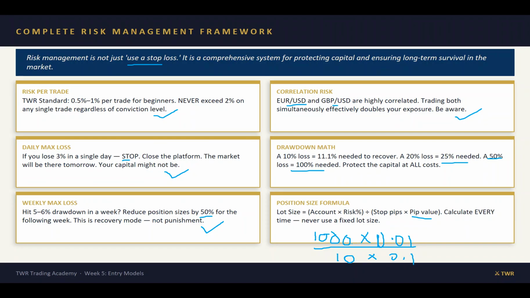Now let us do the maths right here. If we do the maths, this one will be like 10. I'm confusing something. Let me see. 0.1. Okay. Let me see. Where's my calculator? Okay, this one is 10.